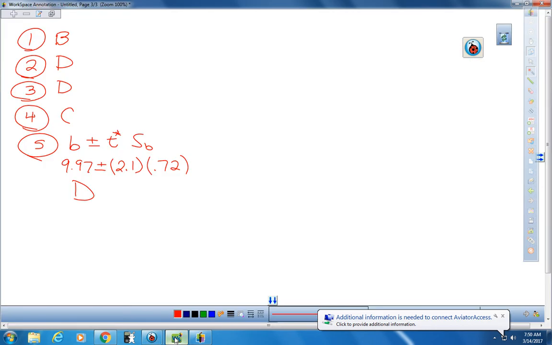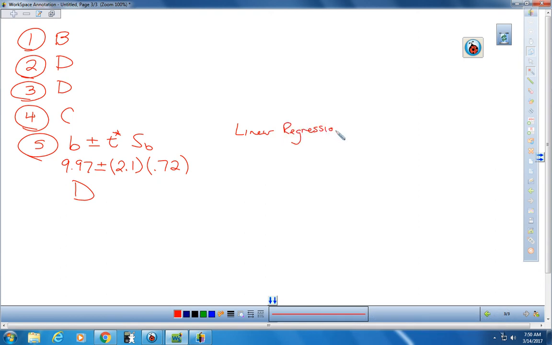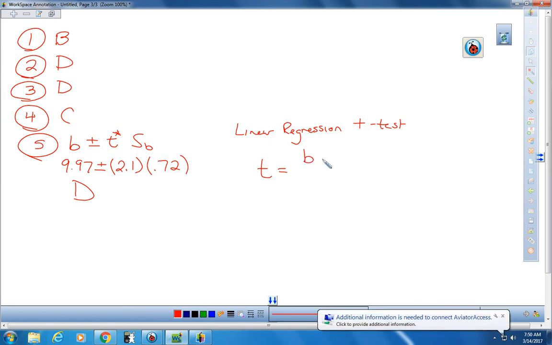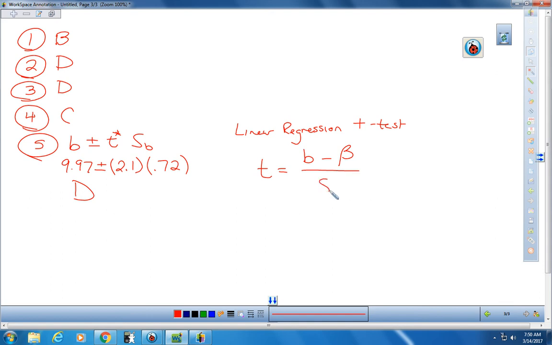With a test statistic, though, for a linear regression t-test, our test statistic t is calculated as b minus our hypothesized value of beta. What is our hypothesized value of beta always? 0, right? Over S sub b, right?